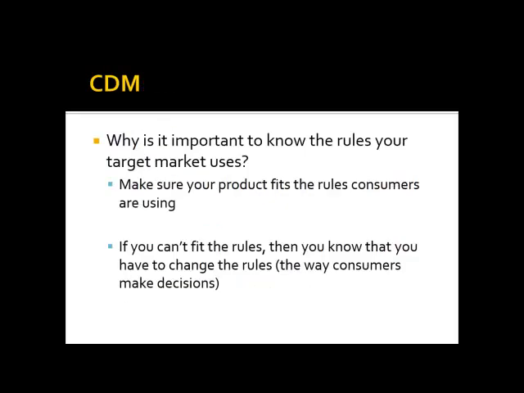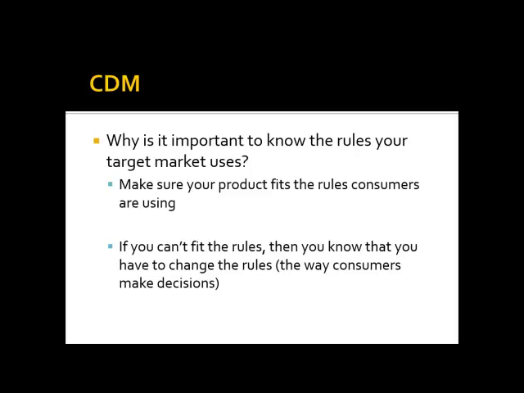So why is it important to know what type of rules your consumers use in making decisions and evaluating the alternatives? Well, first of all, if you understand the rules and the models that your consumers are using, then you can make sure that your product and your advertising copy and your marketing fits the rules that people use.